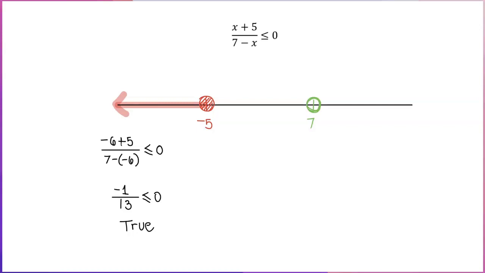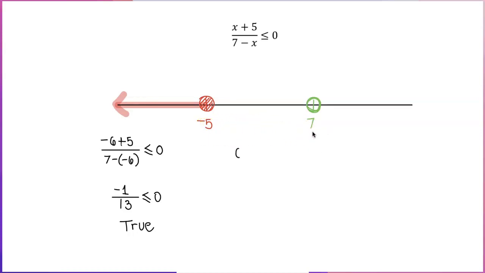Now let's pick another number for the interval between -5 and 7. What is a good number to plug in that's between -5 and 7? Well, anytime I have a negative number and a positive number, I just pick 0 because 0 is always in the middle of a negative and positive number.